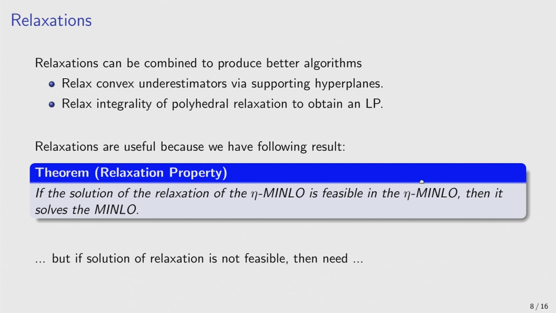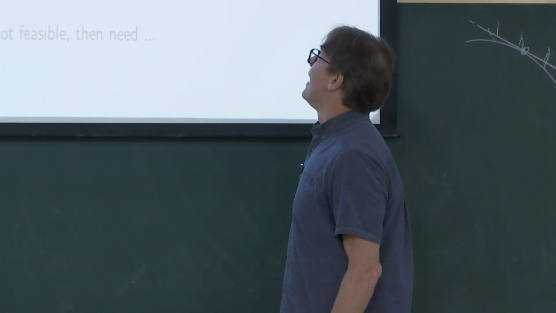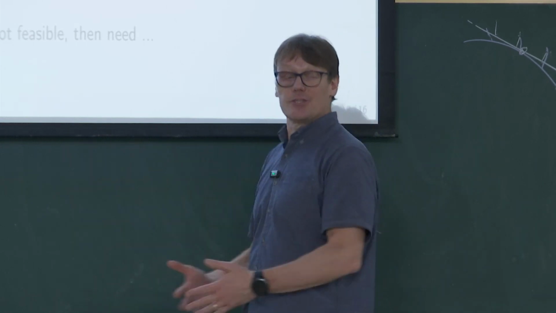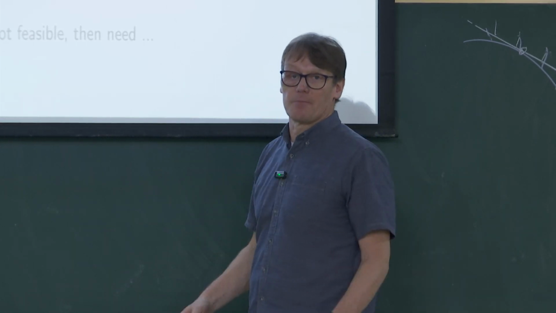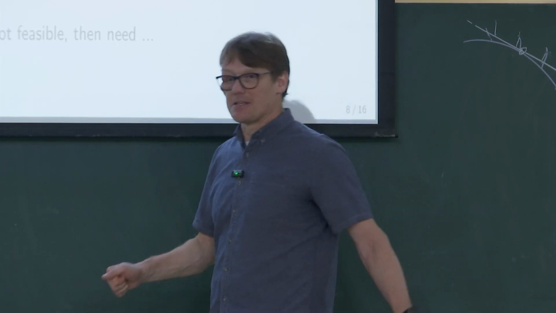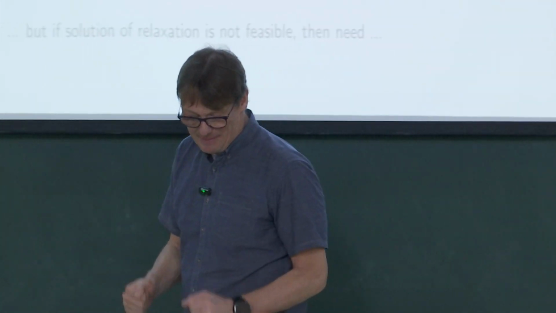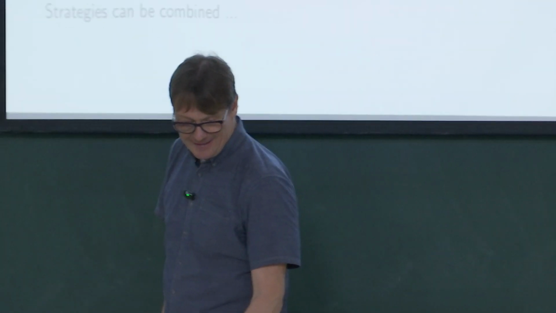And that's if the solution of the relaxation of my MINLP is feasible in the original problem, then it also solves the original problem. And so, for example, if I take the relaxation where I relax integrality, and I solve that, and the solution is integer, then I know I solved the original problem. So that's really cool. That never happens. So there are some example problems where it happens, but it's very, very rare.